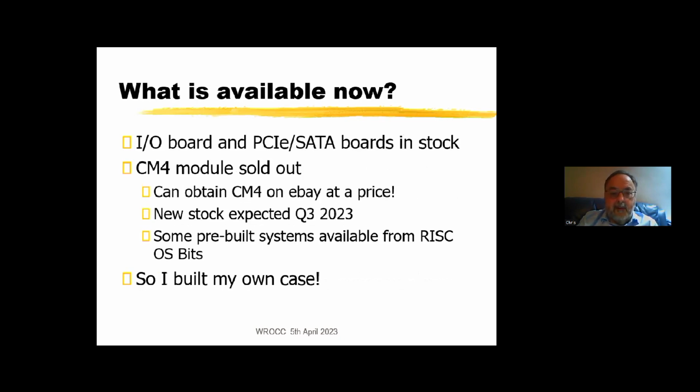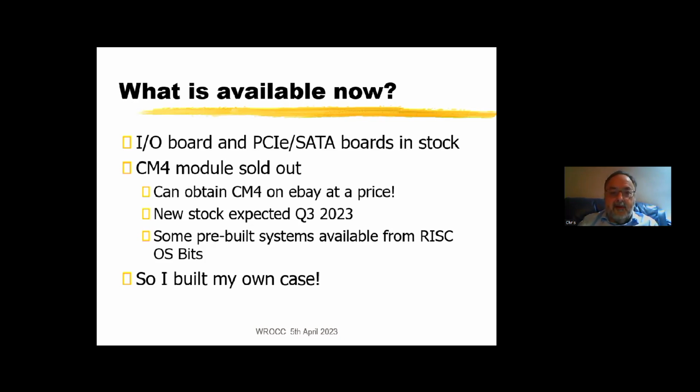So, what can you actually get at the moment if you're interested in this area? Well, you can get the I/O board, and the PCIe to SATA boards appear to be in stock with no problems. But the Compute Module 4 itself was sold out, and although Farnell were showing them as available in May, if you actually place an order, it goes back to September.